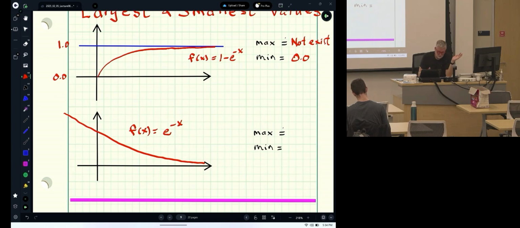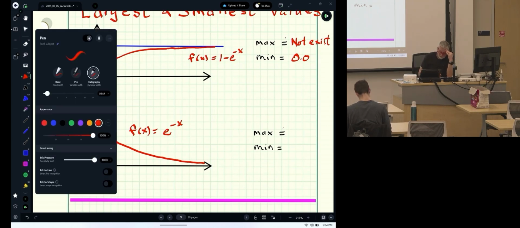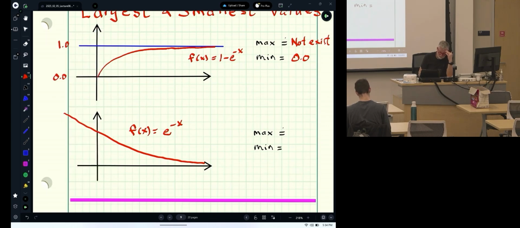Let's do just a friendly amendment of the 1 minus e to the minus x. And now instead of being on 0 to infinity, it's on minus infinity to infinity. What's the maximum value? It blows up to infinity. So once again, there's no number that I can assign to that.